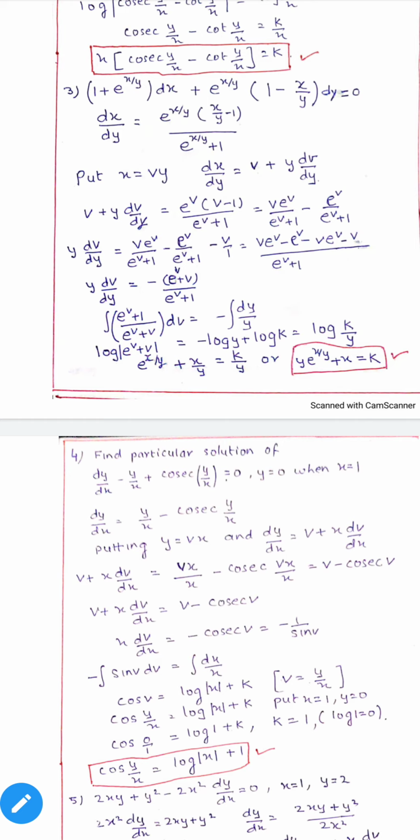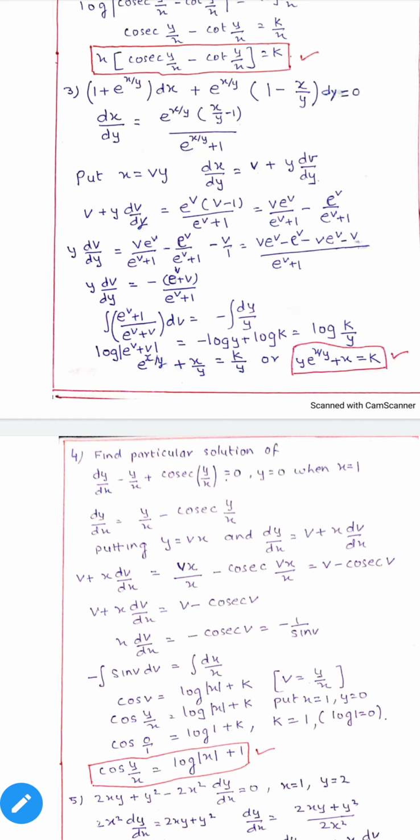In place of x we put vy and dx/dy = v + y dv/dy. So v + y dv/dy = e^v(v − 1)/(e^v + 1).